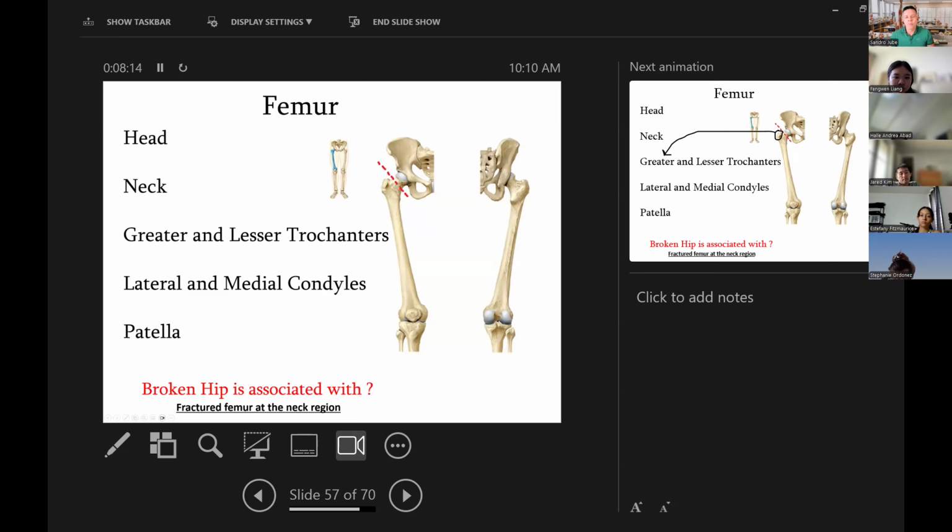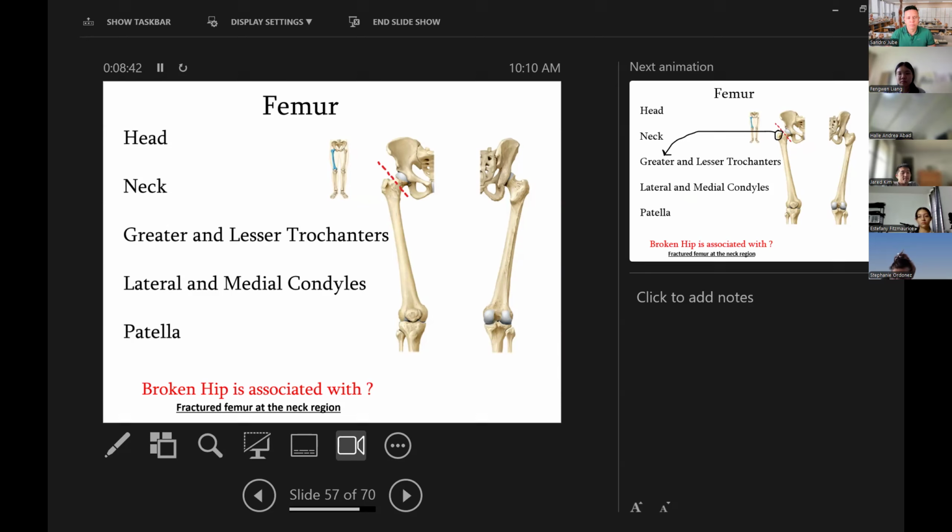What is the line representing? Folks, when someone says that they broke their hip, and we can see that often, especially in older folks that have osteoporosis that can then fall down in the bathroom and break their hip, most of the time the fracture is not in the hip bone itself.